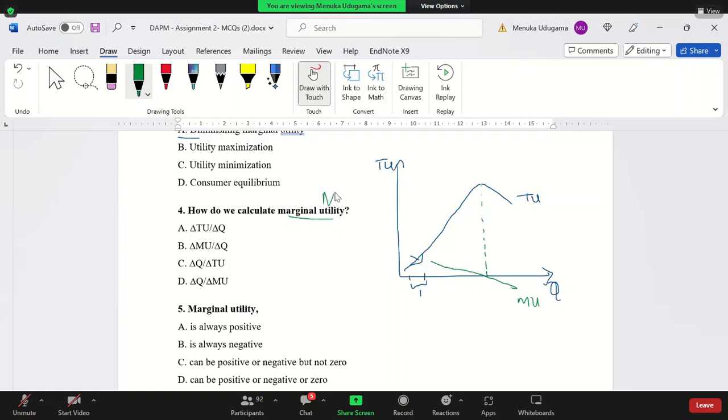MU is marginal utility. And so how would you calculate marginal utility? We said change. Now this little triangle is delta, meaning small change. Change in the total utility to a change in what?